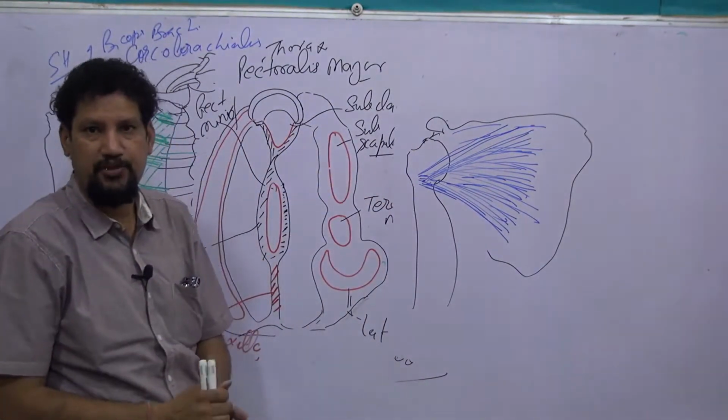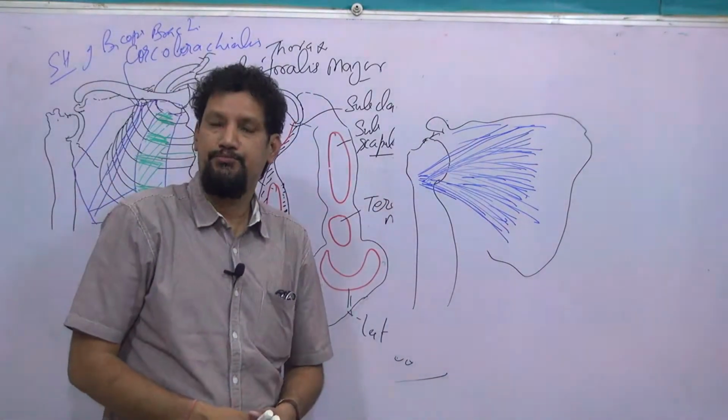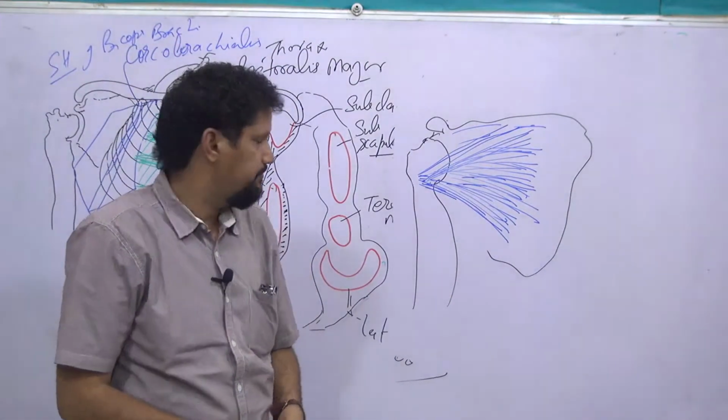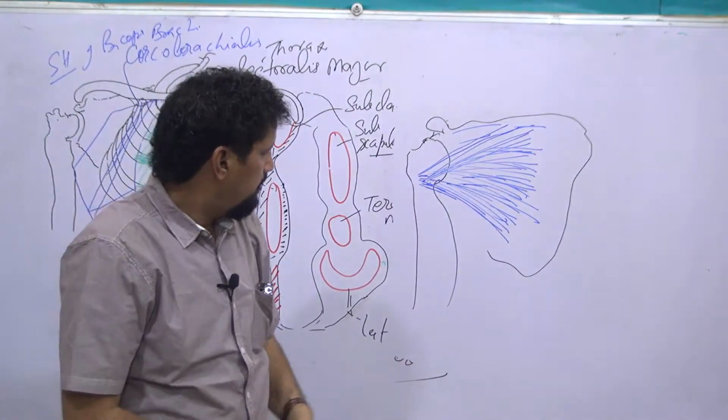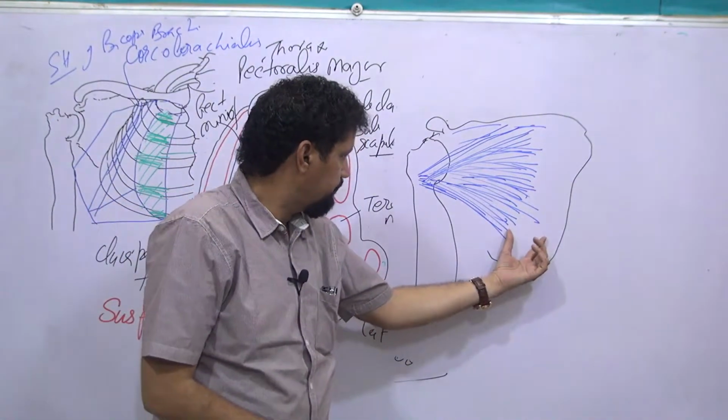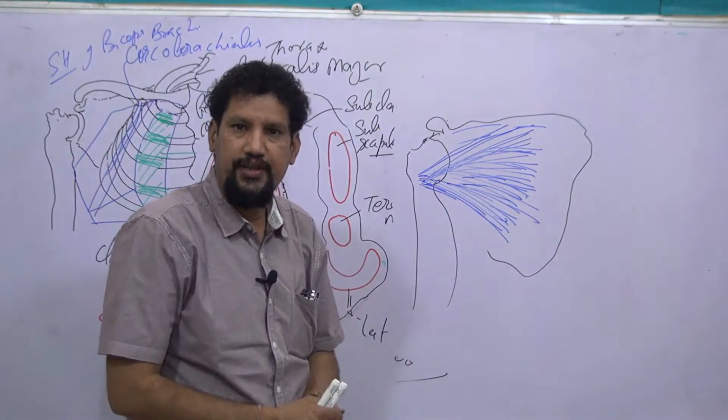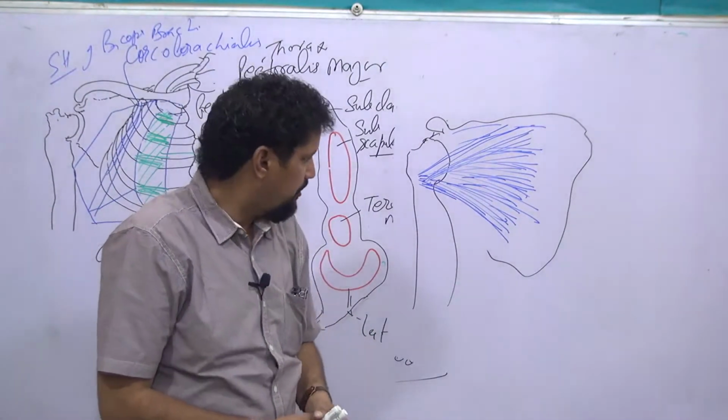The subscapularis muscle, forming the part of the rotator cuff, takes origin from the anterior surface or the costal surface of the scapula.